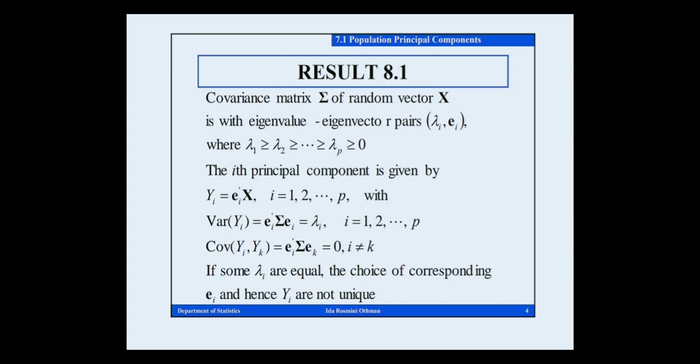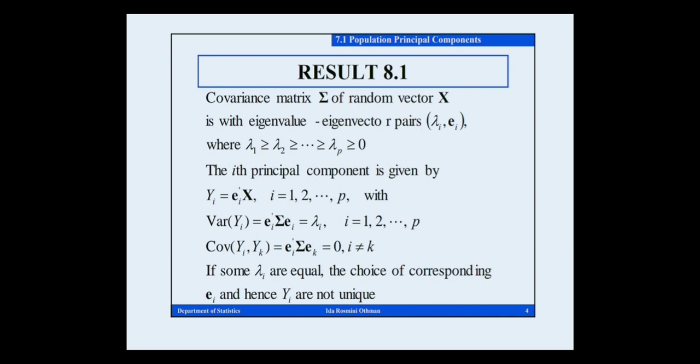So every eigenvalue will have its pairing eigenvector in vector form. ei is the notation for the normalized eigenvector. For eigenvector x, the normalized eigenvector will be e. The formula to get the eigenvector you have also learned before.